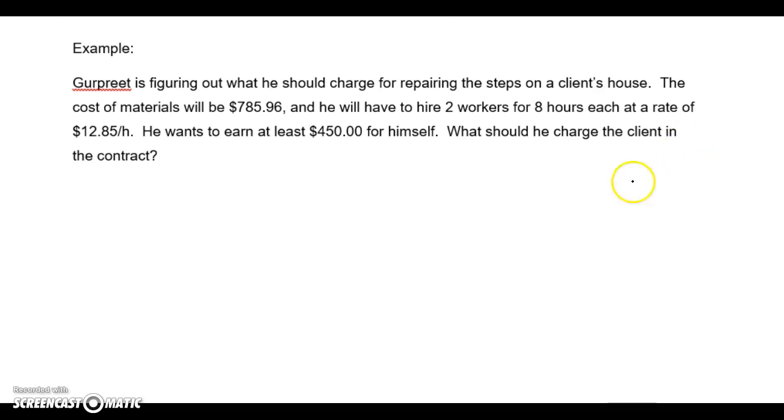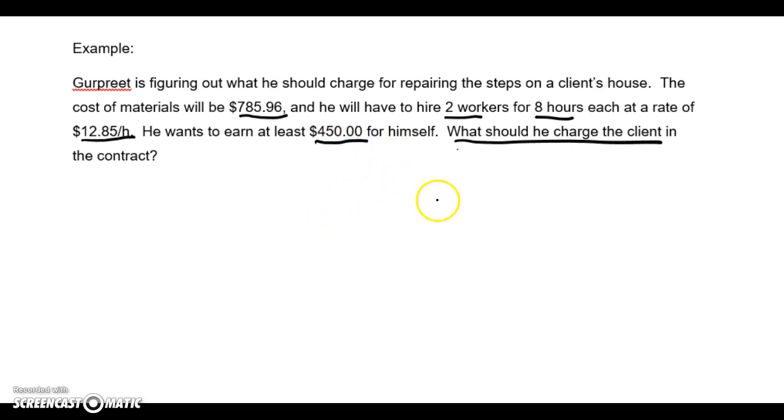So the question being asked here is what he should charge the client. And so some important information that we need to know here is the cost of the materials, which is $785.96. He's going to have 2 workers that are each working 8 hours, and the rate is $12.85 per hour. And then we also know that he wants to make $450 for himself.